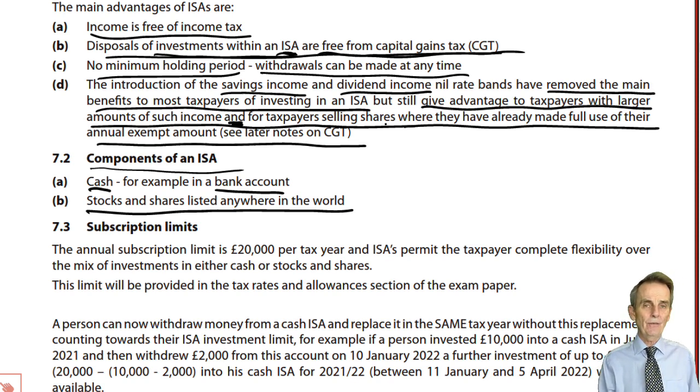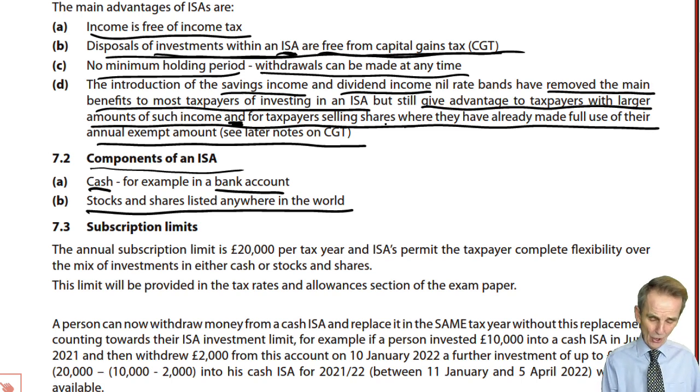If you've got very, very large amounts of savings interest income, then you might very well be a higher rate taxpayer, and that will mean that only £500 worth of that savings income, your interest income, will be covered by the savings income nil rate band. And we may have many thousands of such pounds.